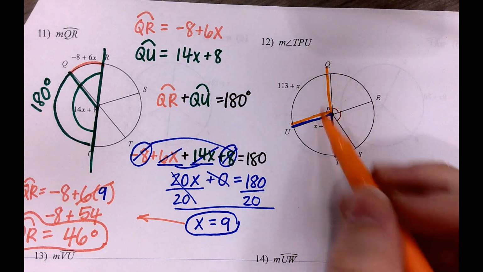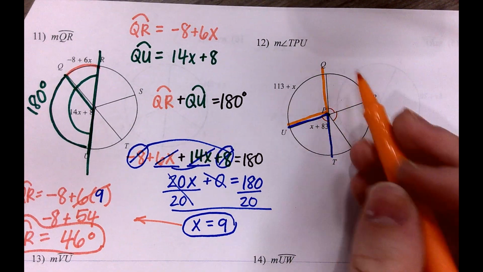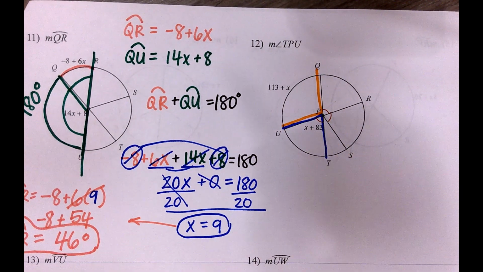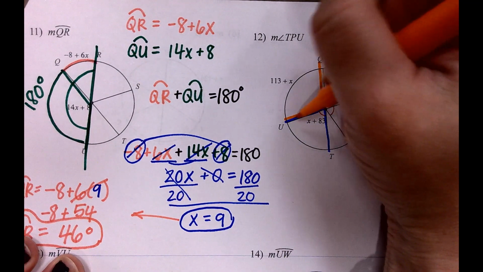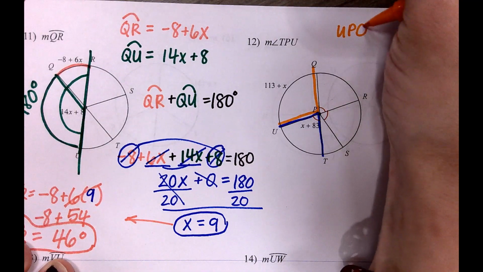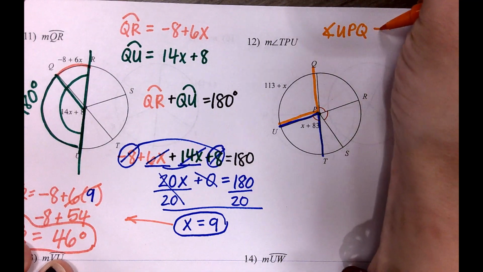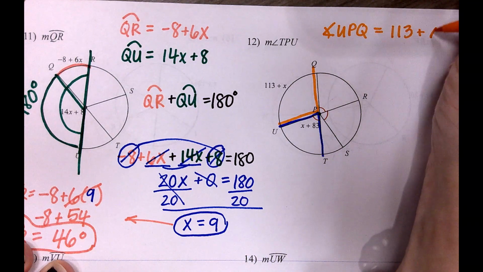Okay. So I also see that this is half the circle. It's 180 degrees. So we're just going to set up an equation just like in number 11. First, I'm going to label all these. UPQ equals 113 plus x.